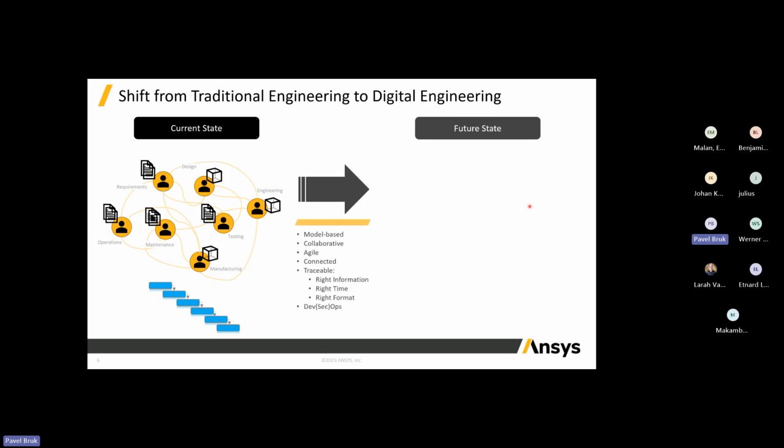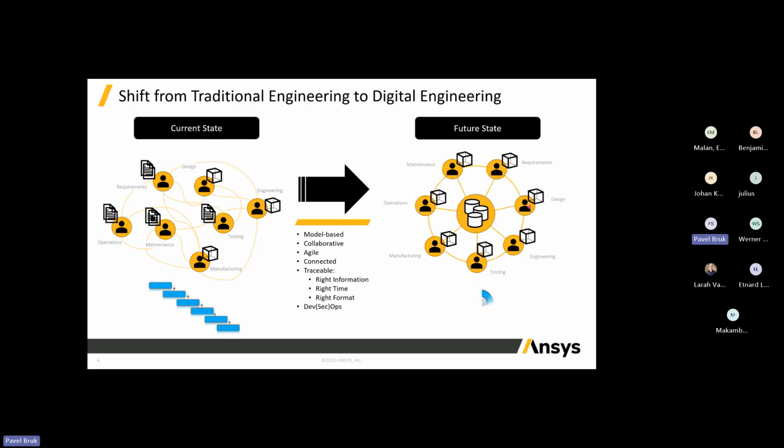By introducing the model as the authoritative source of truth, we place this model in the center of the communication, and we assign it as a master model for all disciplines to communicate.